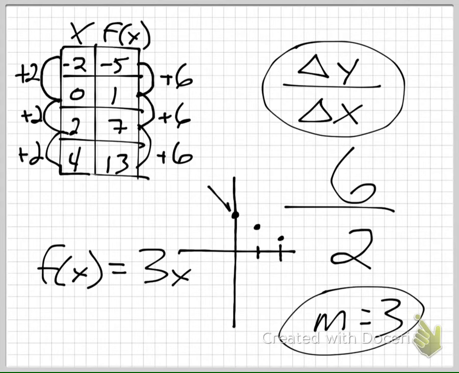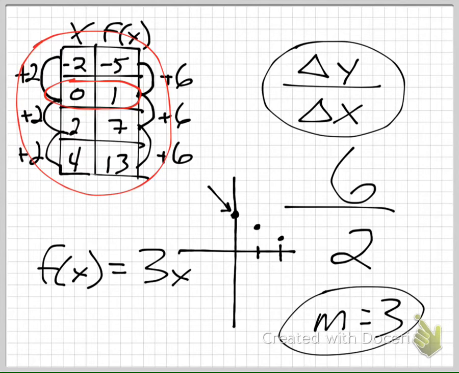Do you agree that this point right there is the y-intercept? So can we look in our table and see any place where x is 0? Yes. When x was 0, y was 1. So we know that the y-intercept is 1.